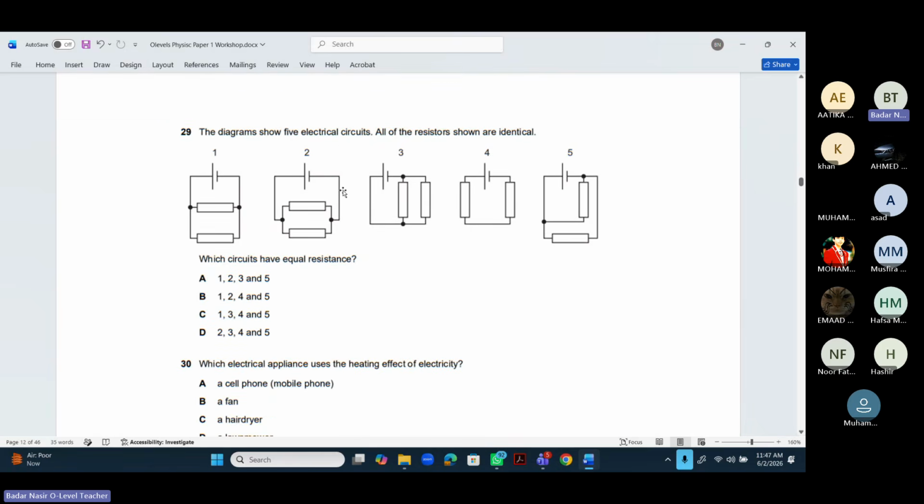The diagram shows 5 electrical circuits. All of the resistors shown are identical. Which circuits have equal resistance?